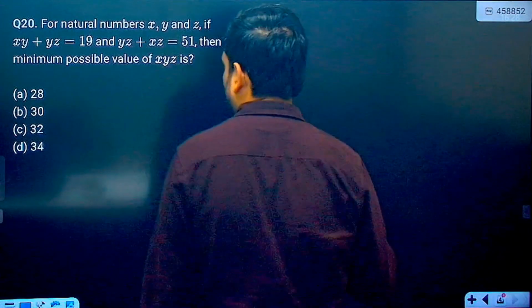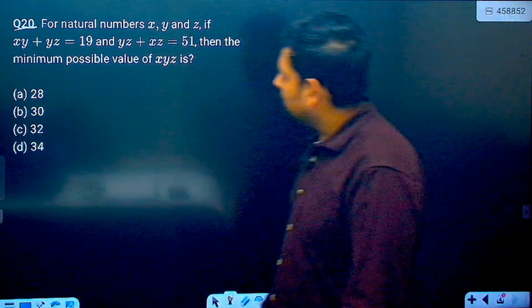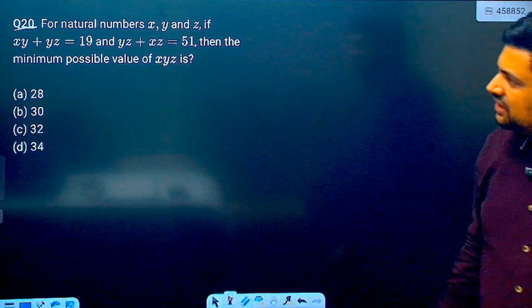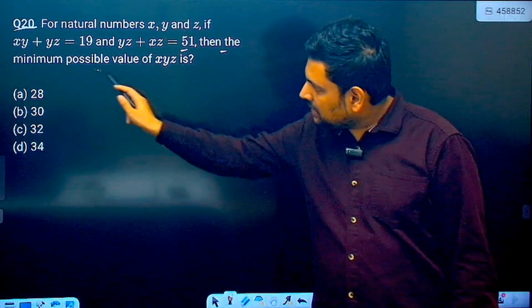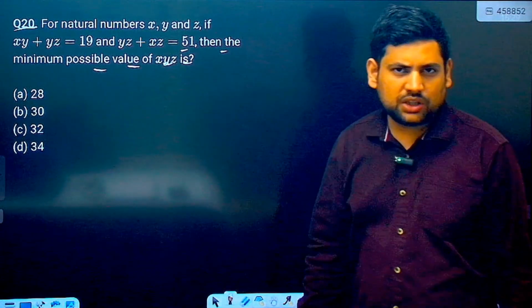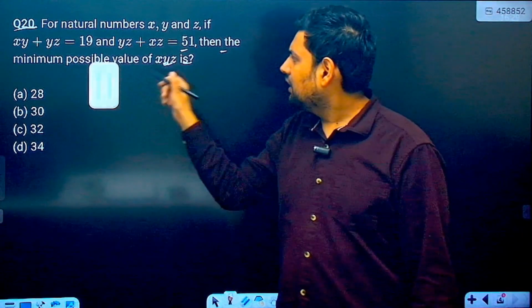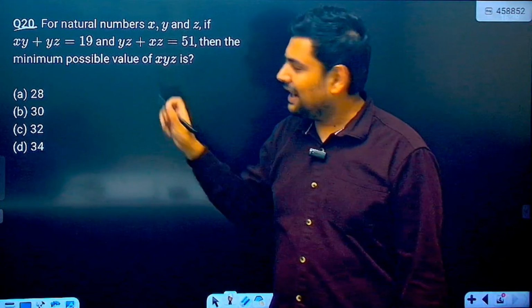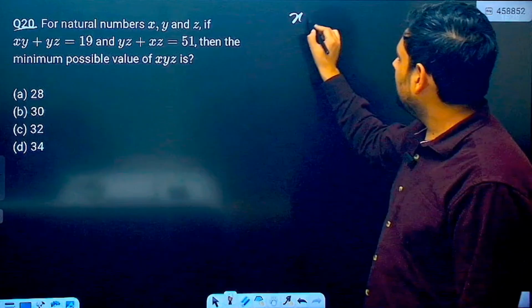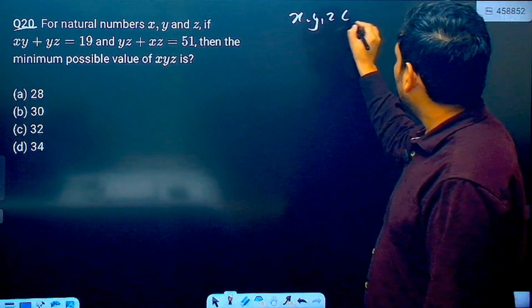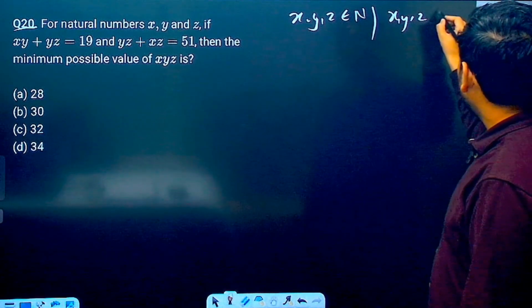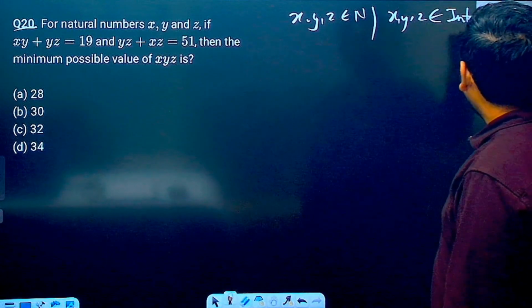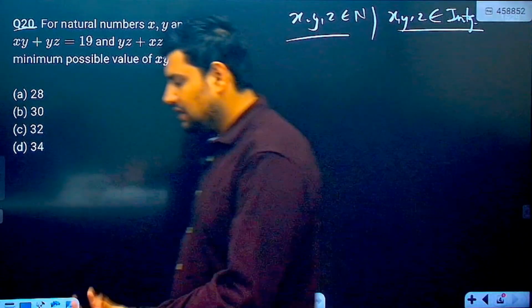Okay, so now, for natural numbers x, y, z, if this equals 19 and this equals 51, then what is the minimum possible value of x, y, z? Now see, we have always talked about this: if ever in a question it is given that x, y, z belong to natural numbers, or x, y, z belong to integers, why does the examiner keep giving questions like these?